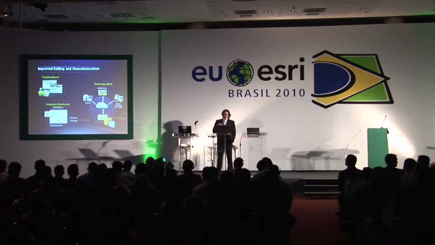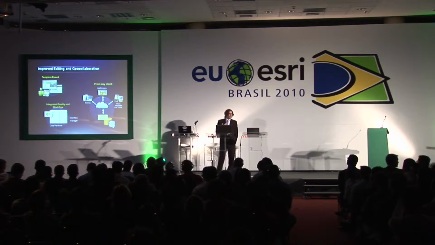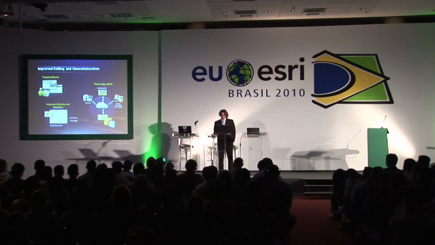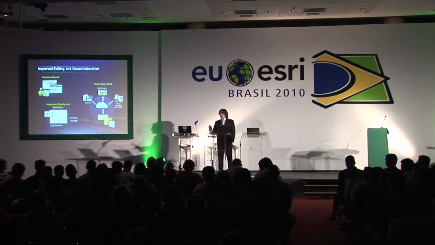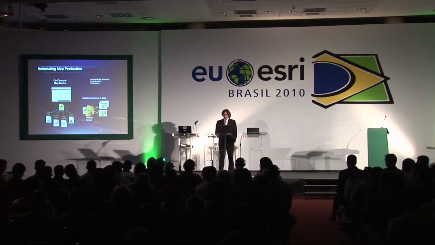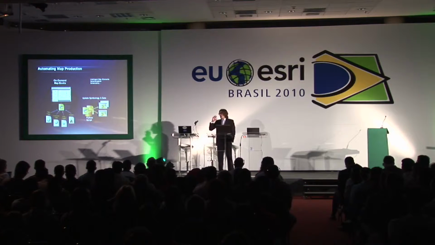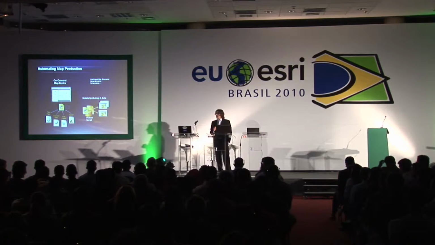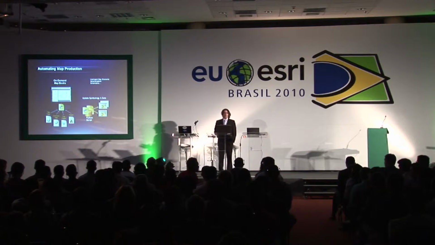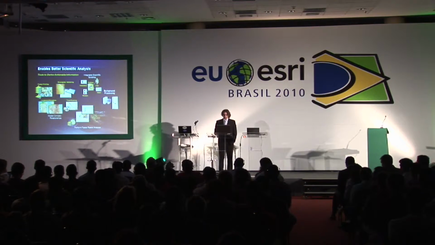In ArcGIS Desktop, we have added new extensions so you can do high-quality quality control, like Workflow Manager and Data Reviewer. And of course, you can also edit from mobile devices with templates, just like you saw on the desktop and the web. You can automate map production much more easily now through the use of this programming language called Python, and also through Mapbooks, a completely out-of-the-box toolbar that allows you to create mapbooks.